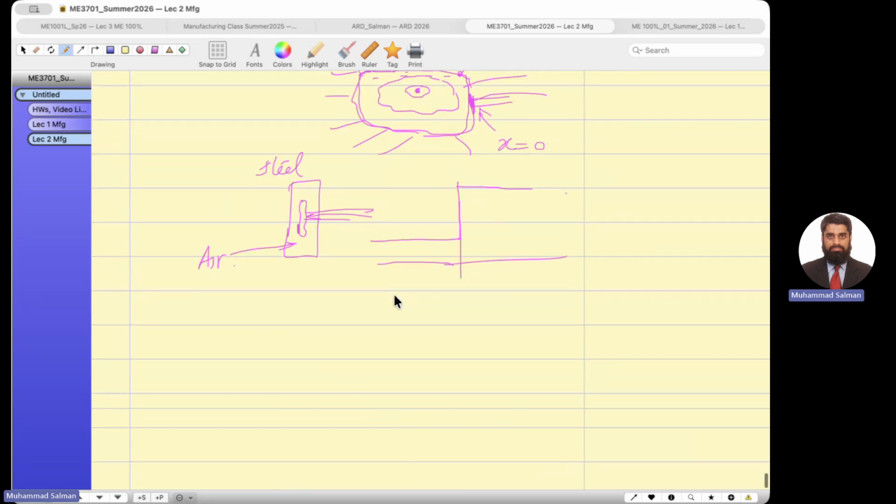But here in the die, it is initially at air temperature. But as soon as you pour the metal, it suddenly jumps to the pouring temperature. That's the only difference between the conducting mold, or the die mold, or metal mold, die casting versus sand casting.